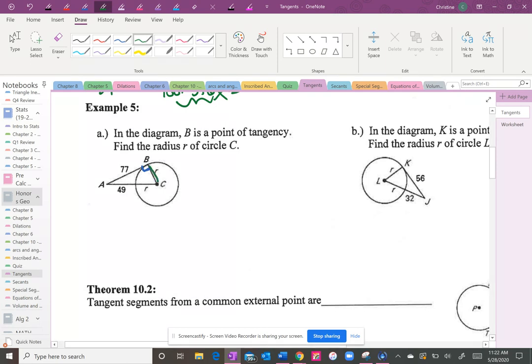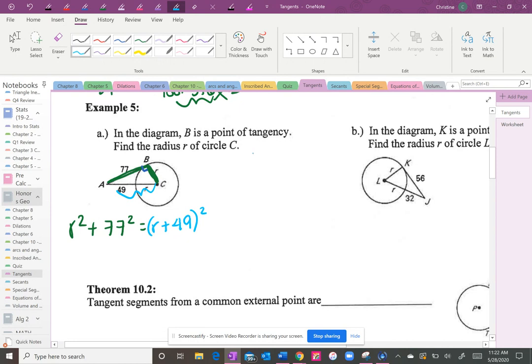So r squared plus 77 squared equals, now this whole entire thing is r plus 49. And you're squaring the entire quantity. Pause real quick.